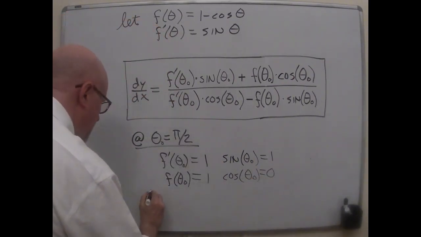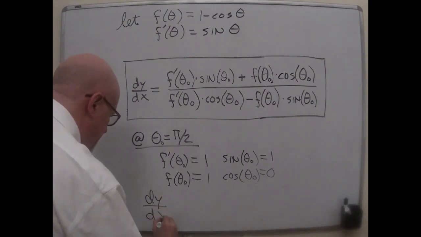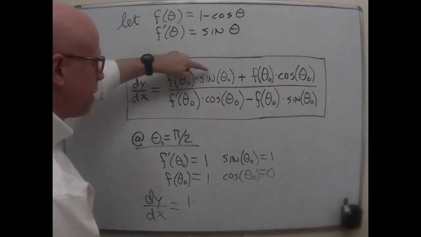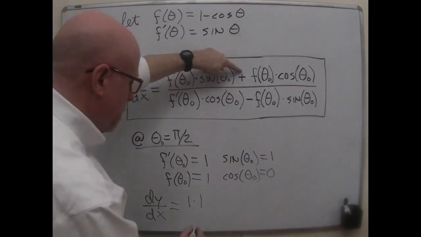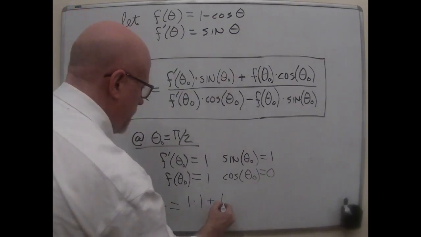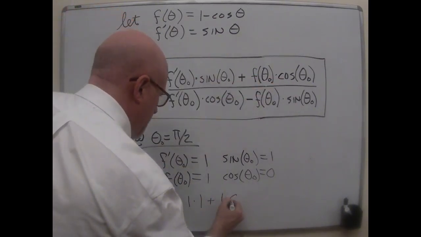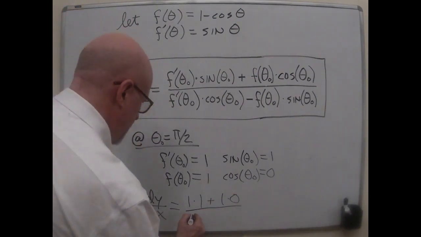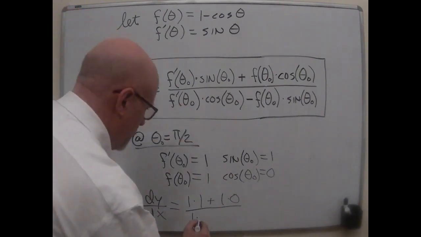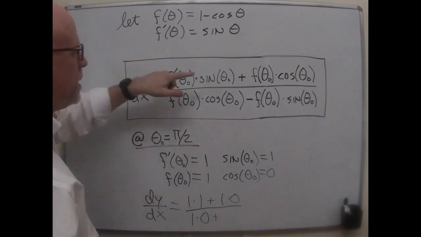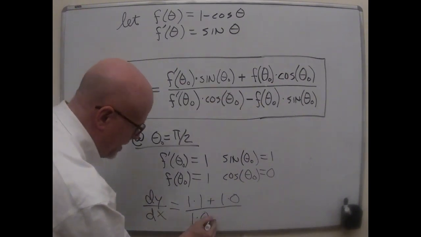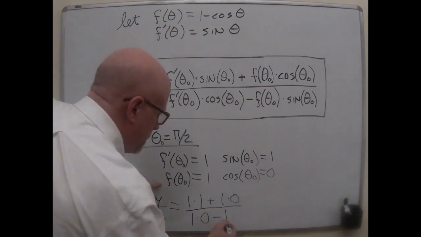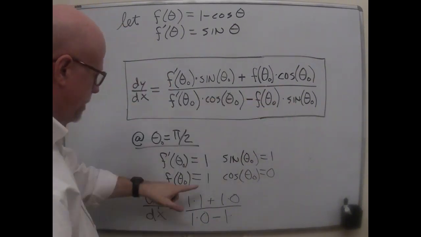So what's our dy dx? The derivative times the sine, which is 1, plus the original function, which is 1, times the cosine, which is 0, divided by the derivative, which is 1, times the cosine, which is 0, plus, minus the function, which is 1, times the sine, which is 1.